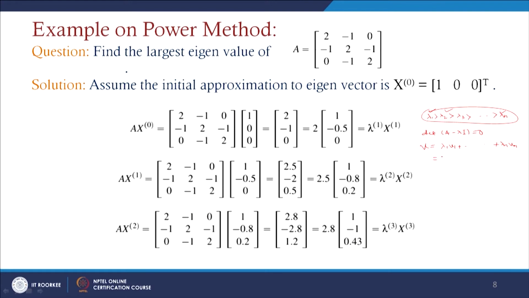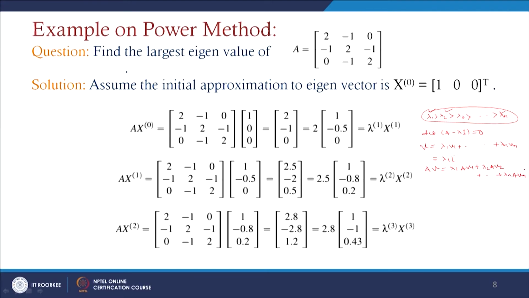We can take lambda 1 common here. If we pre-multiply this V by the matrix A, we can write it as lambda 1 A V 1 plus lambda 2 A V 2 up to lambda n A V n.